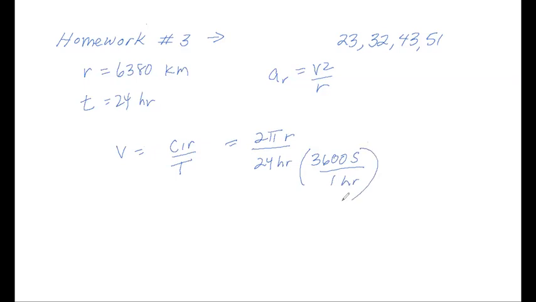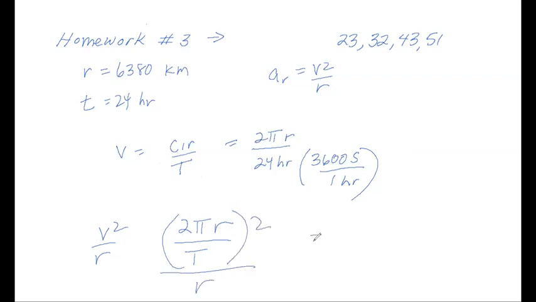All right. Let me just do this: v squared over r. I'll just go ahead and do it. v squared over r is going to equal this thing squared divided by r. So 2 pi r over t, all squared, divided by r.